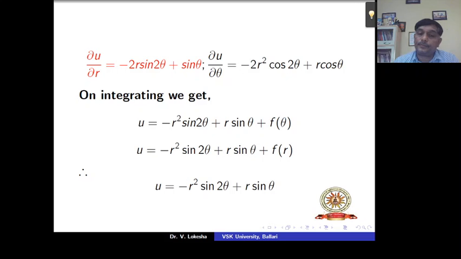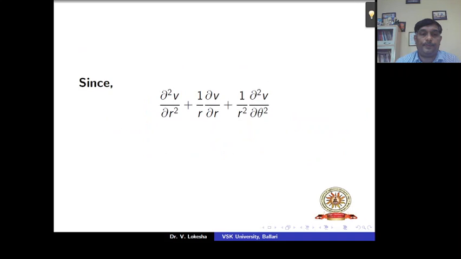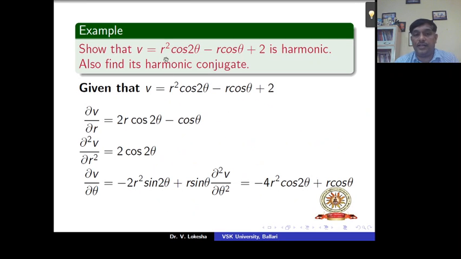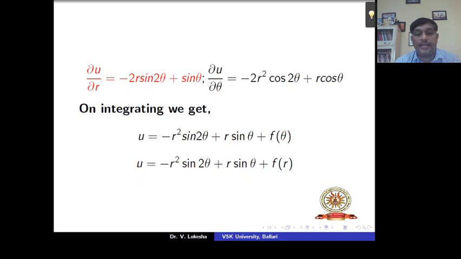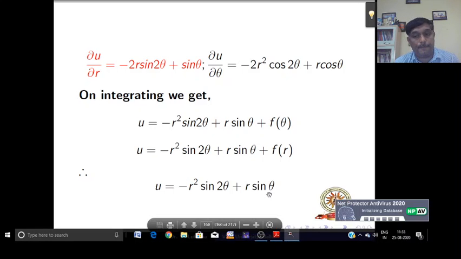This is the harmonic conjugate of v. V is given as r² cos 2θ - r cos θ + 2. Its harmonic conjugate is u = -r² sin 2θ + r sin θ.